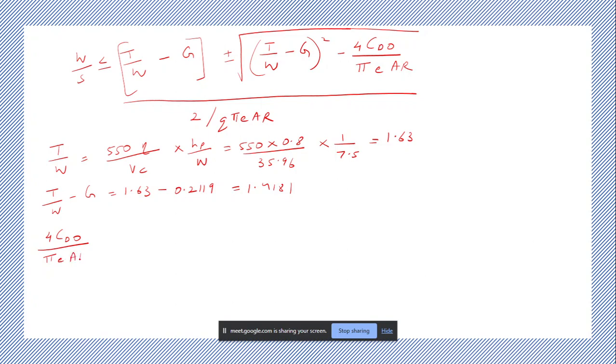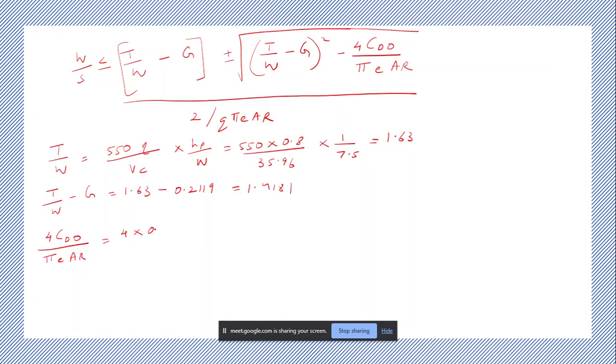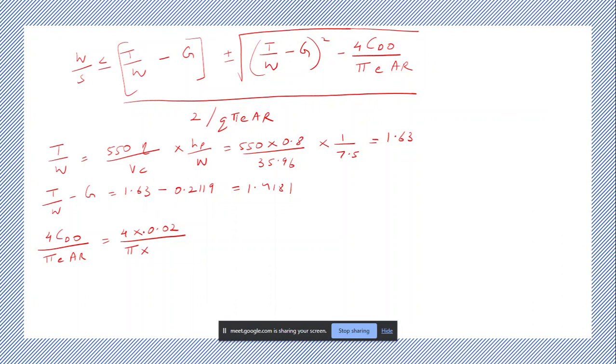By EAR is 4 into CD naught, which is 0.02, pi, efficiency factor was 0.8, aspect ratio is 6. 0.8 into 6. How much is this quantity?